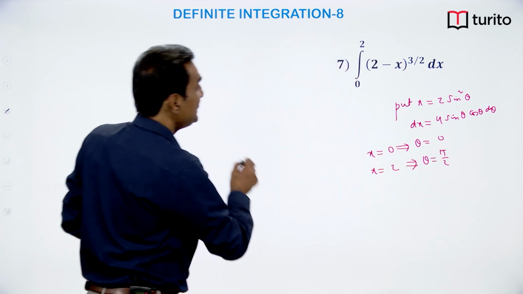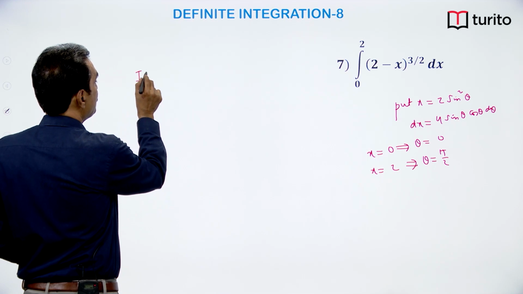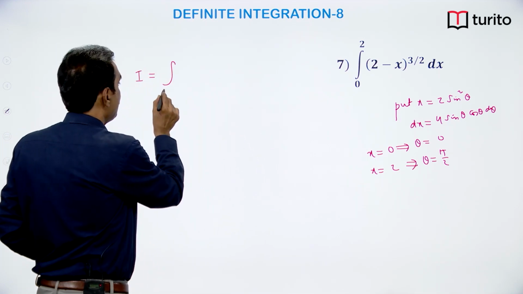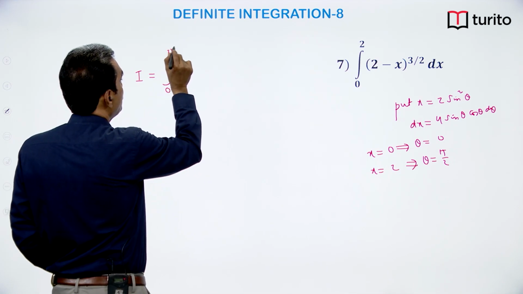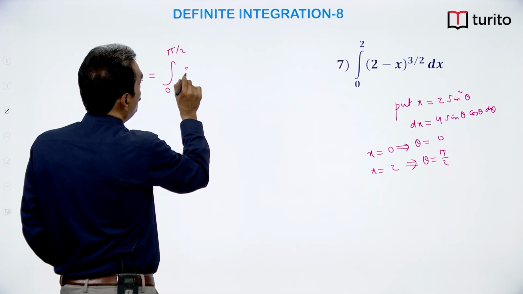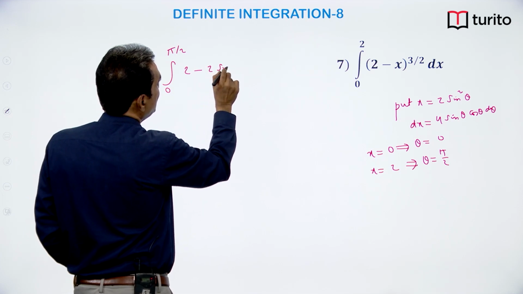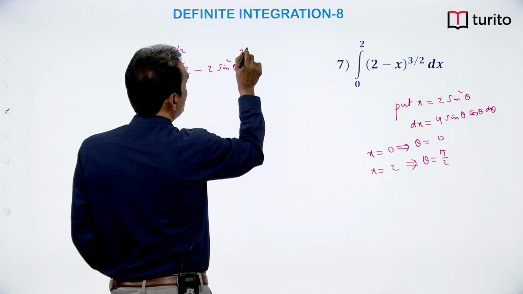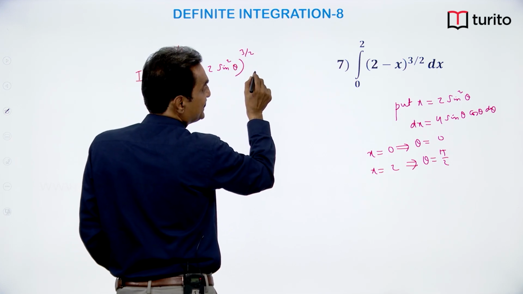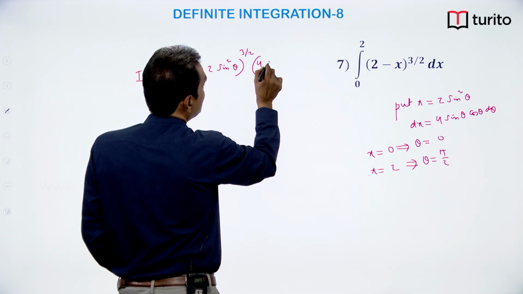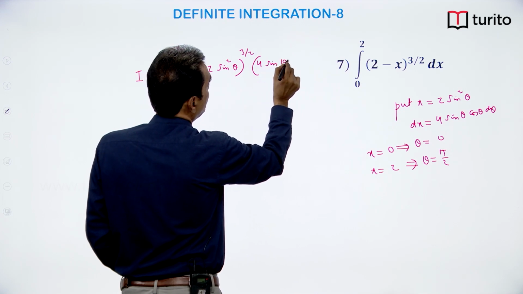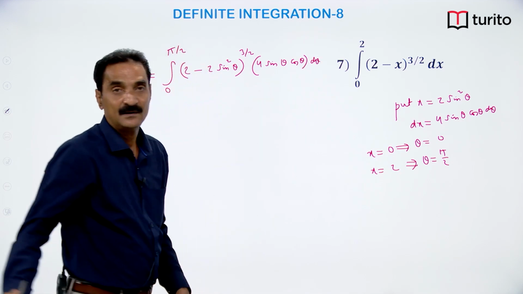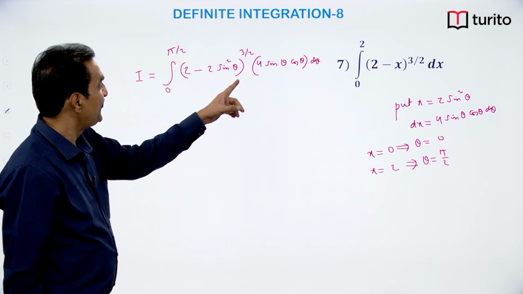Then that integral I is equal to integral 0 to pi by 2, (2 minus 2 sin square theta) whole power 3 by 2 into dx is 4 sin theta cos theta d theta. Okay.